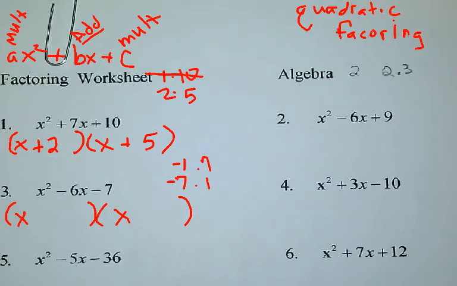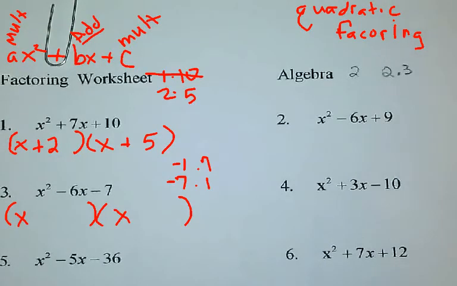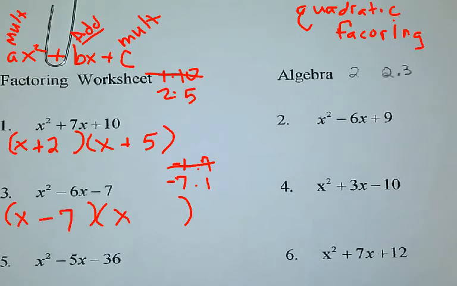There's only two ways to get negative 7. If I multiply those two together, I get negative 7, but only one of them adds up to be negative 6. If I add negative 1 and 7, I get positive 6, so it can't be this one. If I add negative 7 and positive 1, that is negative 6. So the factors are the things that multiply together to give you this equation.